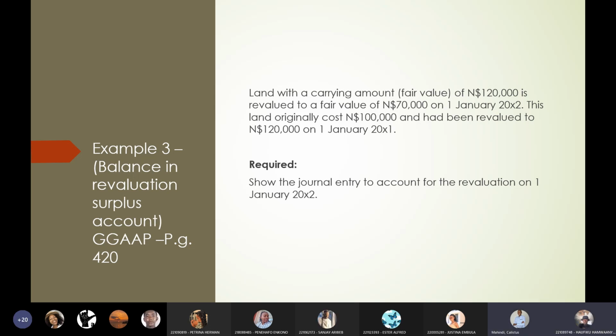So that is the scenario, and the question is as follows. You're required to show the journal entry to account for the revaluation on 1st of January 20x2.